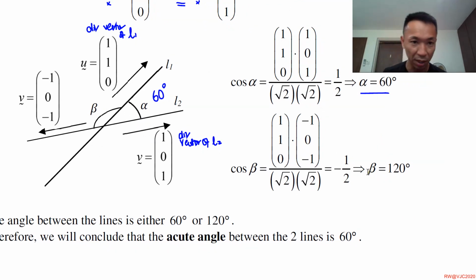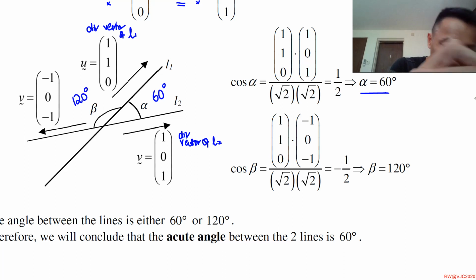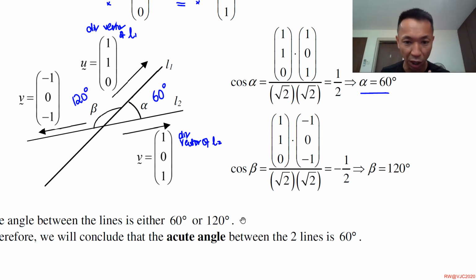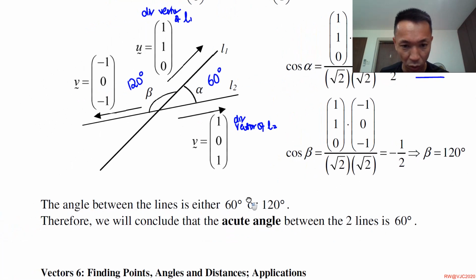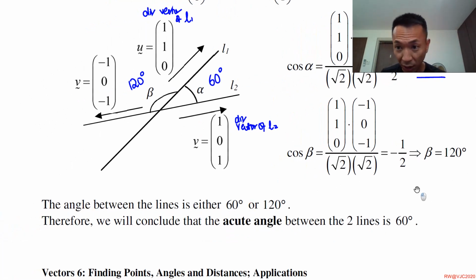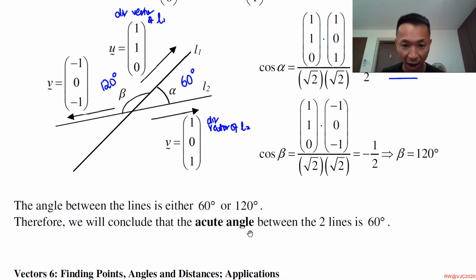Then I get angle beta is 120 degrees. But very often the question will ask for the acute angle between two lines. So once you get 120, you need to take 180 minus 120 to get the acute angle between the two lines.